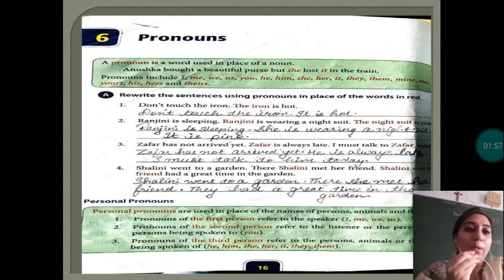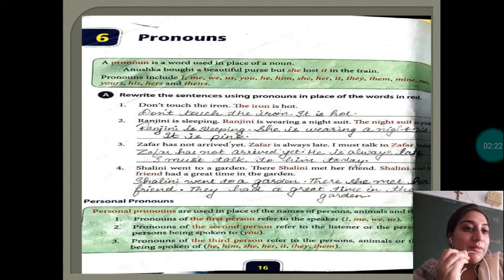We are using a pronoun instead of a name, that is she and it. I hope you are clear with this. Pronouns include I, me, we, us, you, he, him, she, her, it, they, them, mine, ours, yours, his, hers and theirs. I hope you are clear with this.